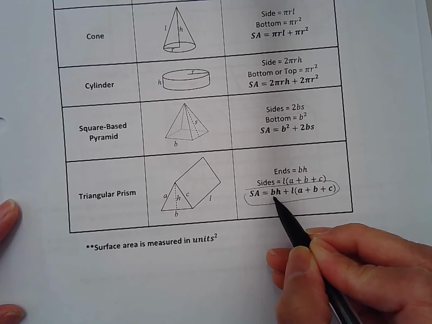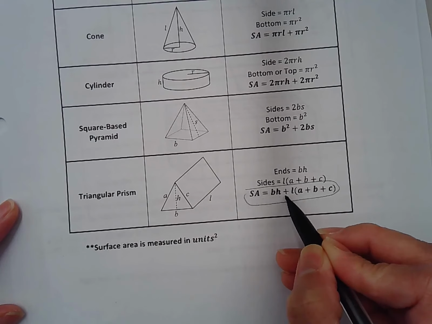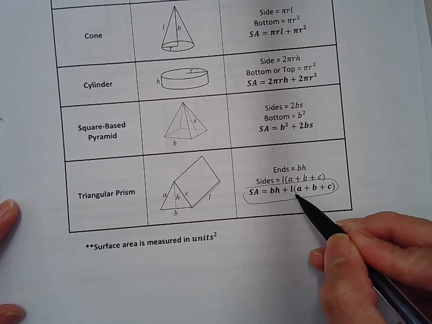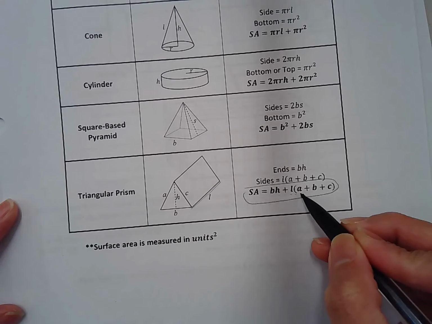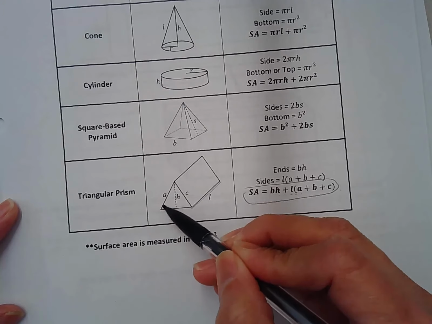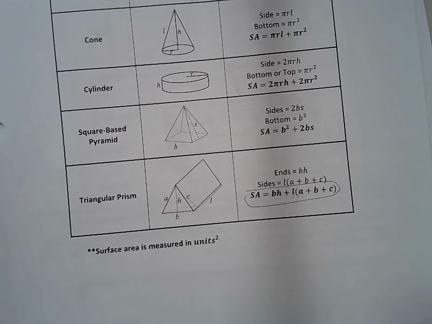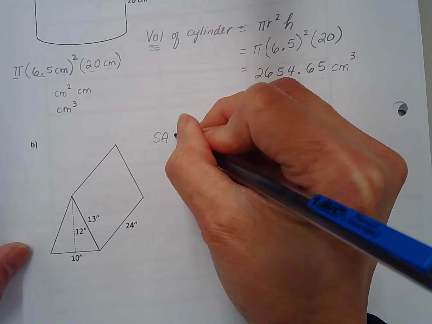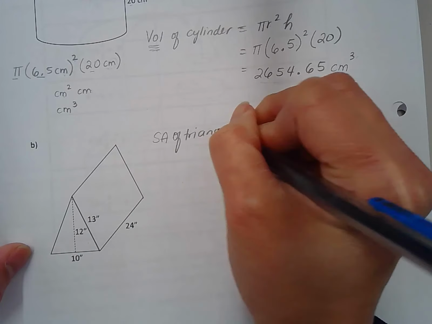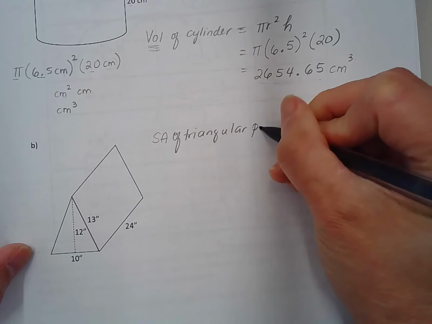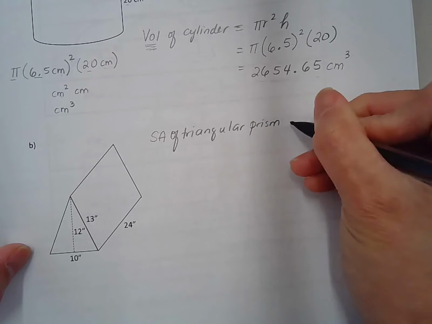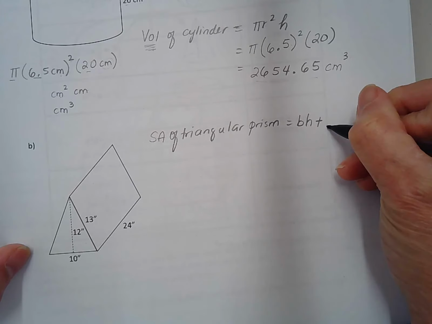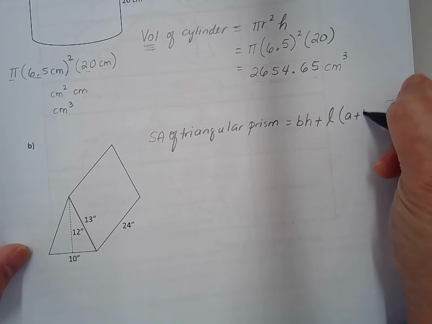Base times height, plus length, the whole length there, times the sum of A, B, and C, the perimeter of the base. So base times height plus L times A plus B plus C.